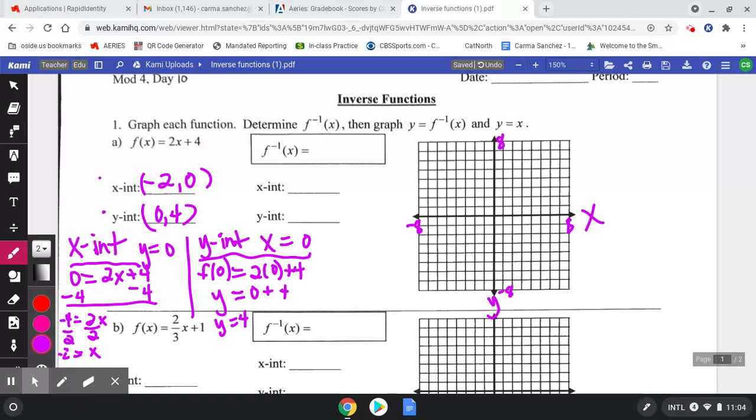Let's go put those 2 dots, -2, 0. I'm going to go ahead and use pink for my first line. There's my first intercept. And then let's go put the second dot at 0, 4. Now I'm going to go grab the line function here and see if I can connect these two.